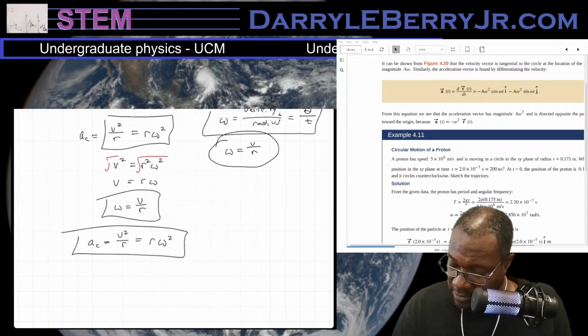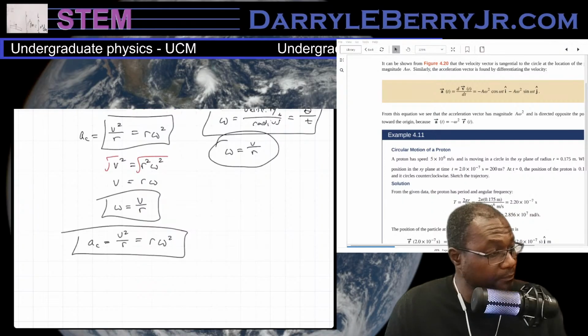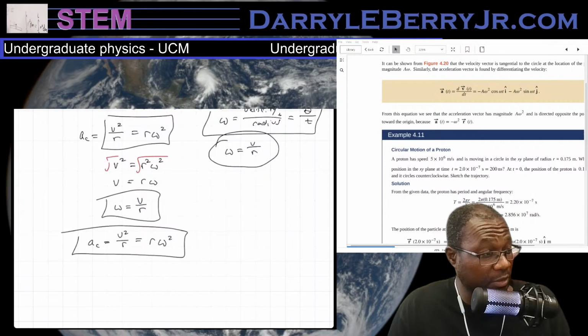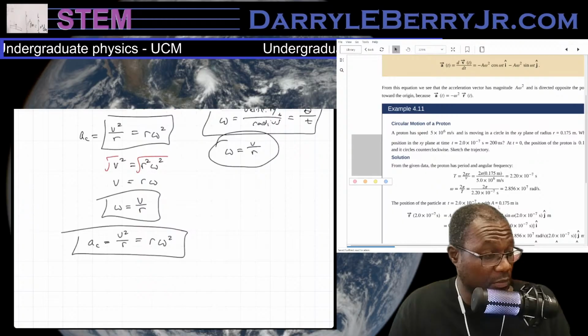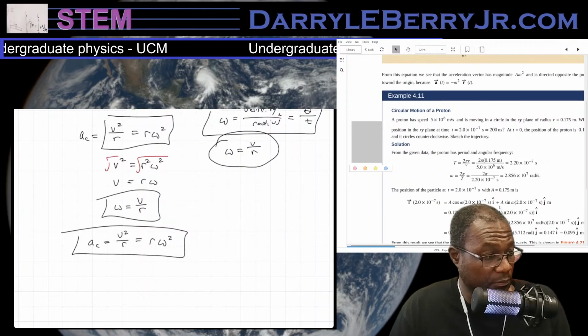And it is on the formula sheet, albeit in a different form. Omega is 2 pi over T.